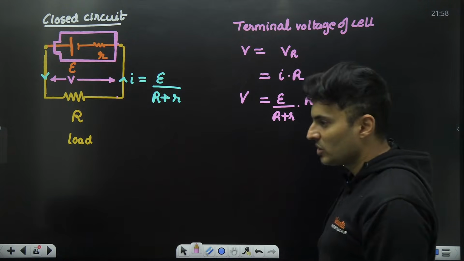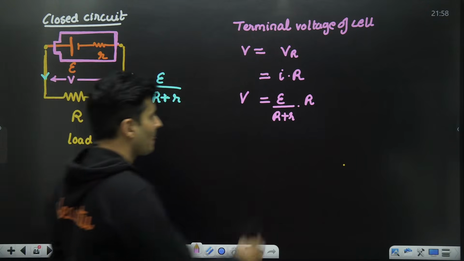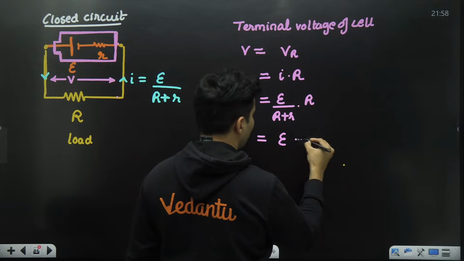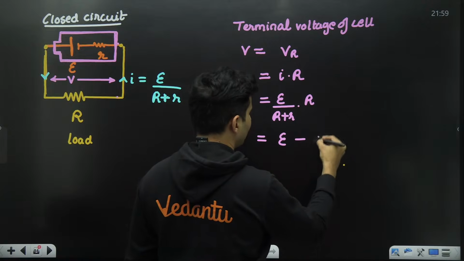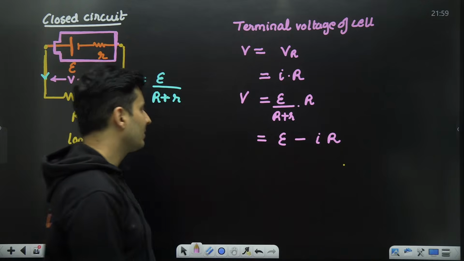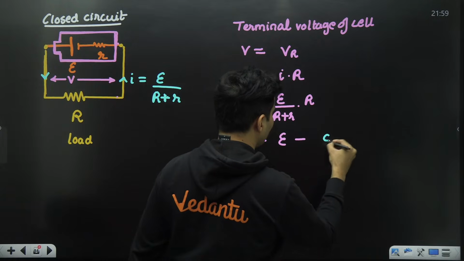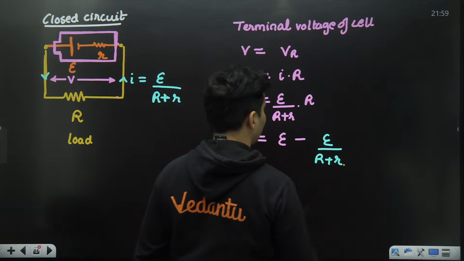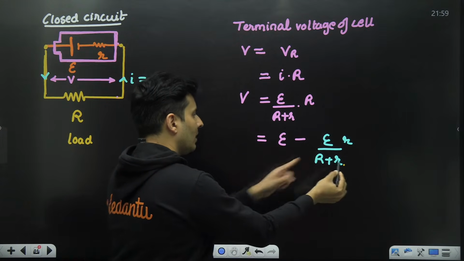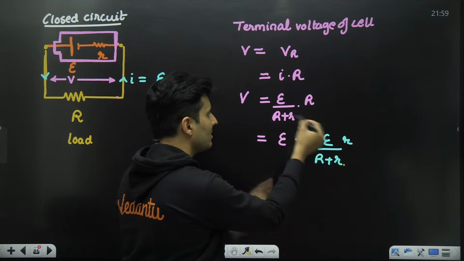But I can also see that this particular voltage, I can say it is E minus I into r. And notice why it is also E minus Ir, because if I happen to substitute I over here, which is E divided by R plus r, and this is small r, if you do the math, the R capital and R small will cancel, we'll get the same thing.